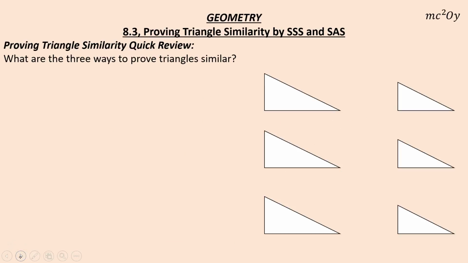Let's summarize what we have so far about proving triangles similar. So what are the 3 ways to prove triangles similar? Well, the first way is angle-angle. So that was a different lesson.